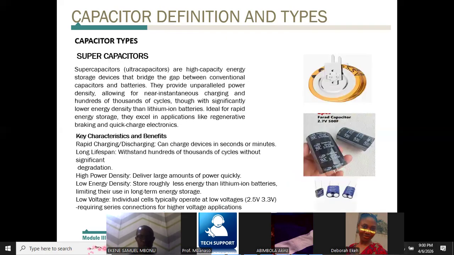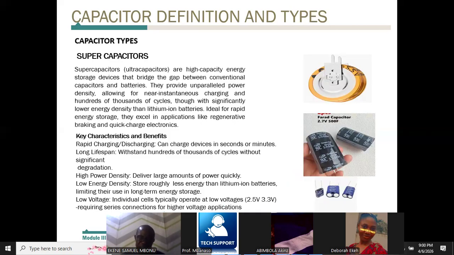And then we have supercapacitors. Supercapacitors are high capacity energy storage devices that bridge the gap between conventional capacitors and batteries. They charge very fast.